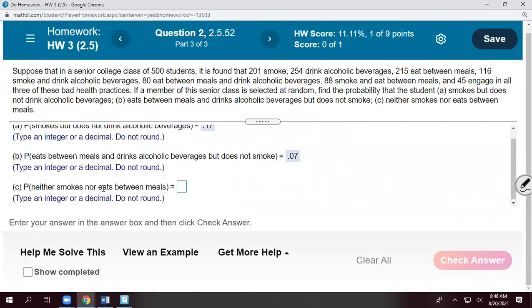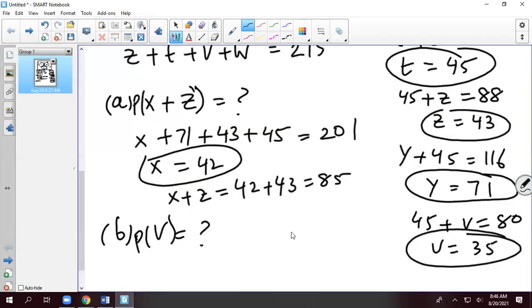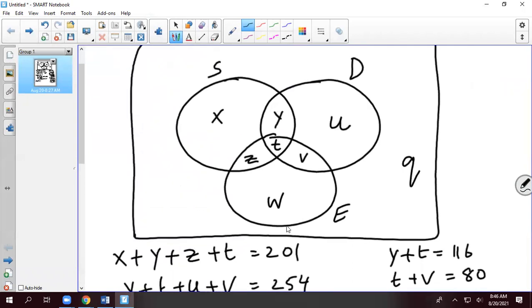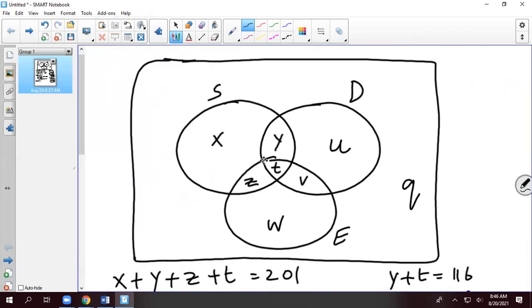Neither smokes nor eats between meals. So neither smokes means outside the smoke circle, and nor eat between meals means outside the meal circle. So it should not be in this top circle, and it also should not be in the bottom circle.